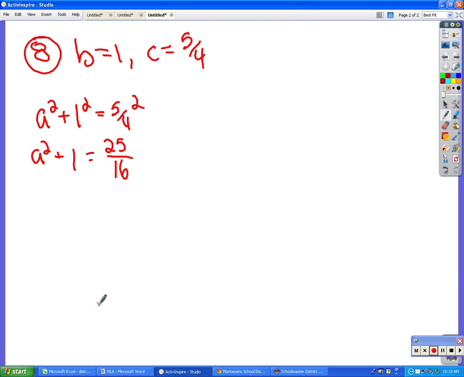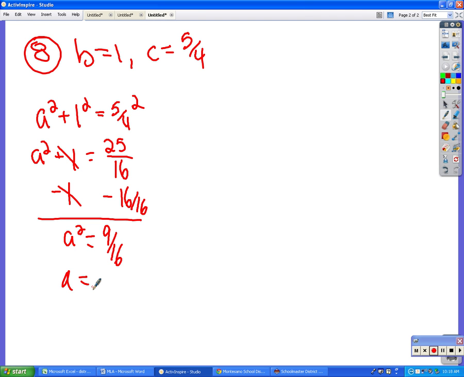Now to get the a squared by itself, I have to subtract 1 from both sides. So over here the 1's cancel. This one is really 16 sixteenths. So 25 sixteenths take away 16 sixteenths is how many sixteenths? 9 sixteenths.